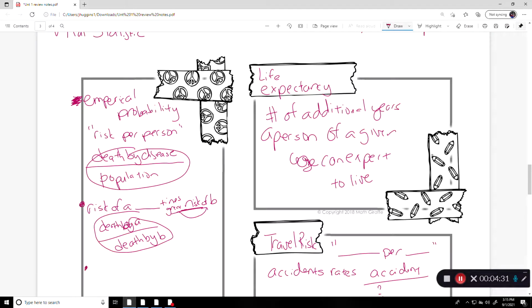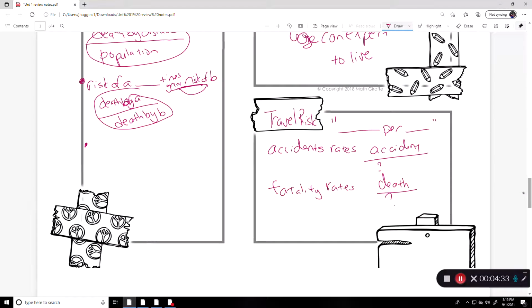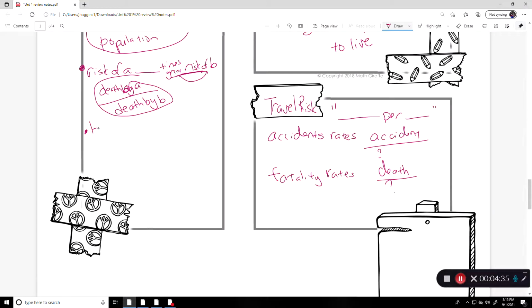And then a slightly trickier version of a question here is they would ask us to calculate how many people we would expect to die in an area that had a different population than what we started with. We worked this really quickly sometimes in our notes. We just took that risk, that empirical probability, and multiplied it by the new population.